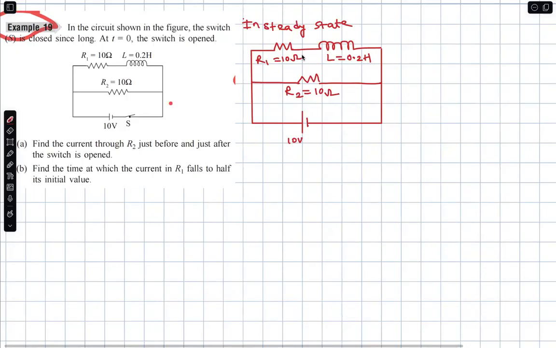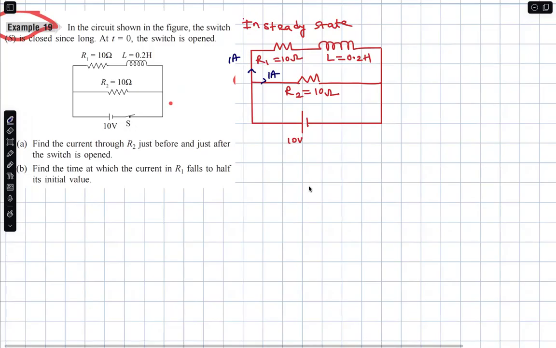A steady current will flow through because this is 10 ohm and this is also 10 ohm, so 10 by 10, 1 amp will pass through this, 1 amp will pass through this in steady state.